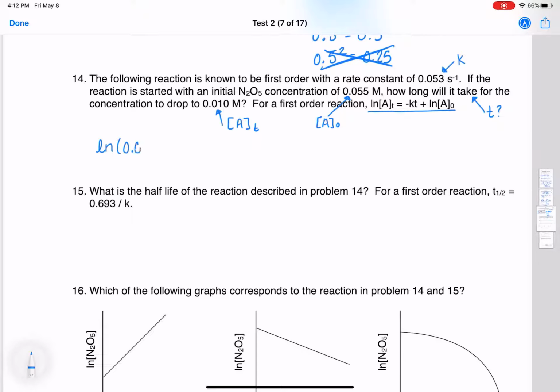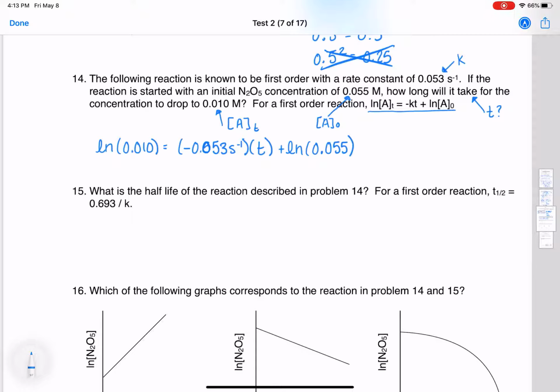So what we're going to do is just plug in and solve for time. Natural log of 0.01 is equal to, don't ever forget that negative sign, it's very easy to forget, negative 0.053 inverse seconds times the time, which we don't know, plus the natural log of 0.055.